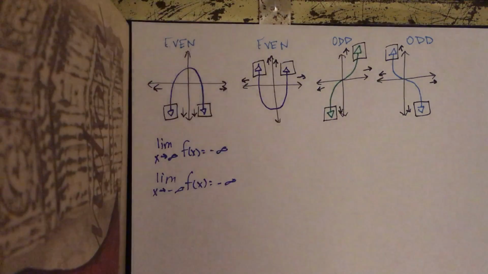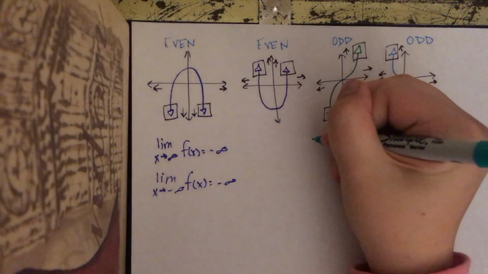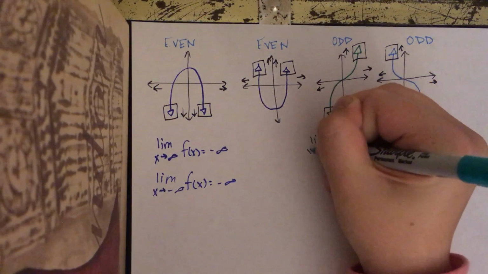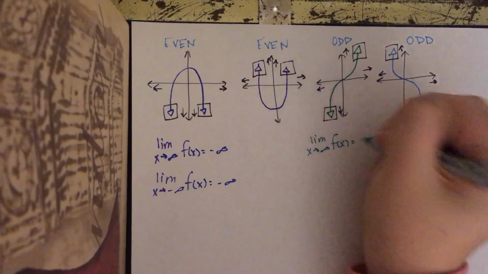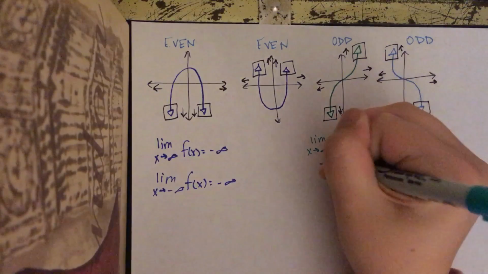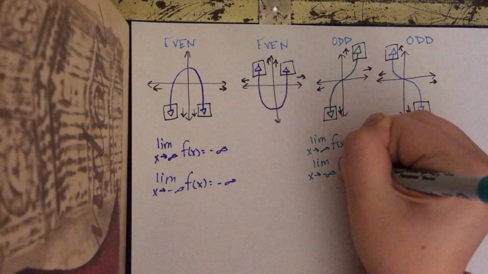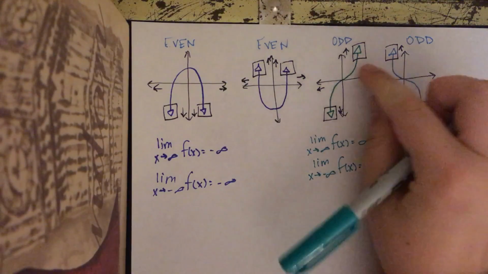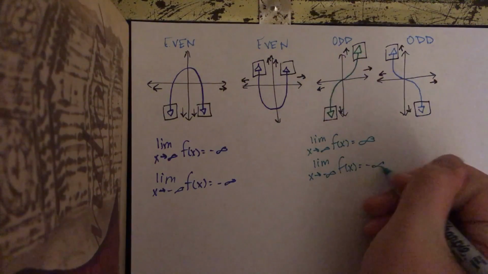Now, let's skip over here to this function. We can say that as x approaches infinity, y equals positive infinity. And as x approaches negative infinity, y also approaches negative infinity.